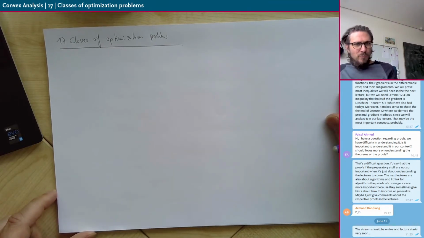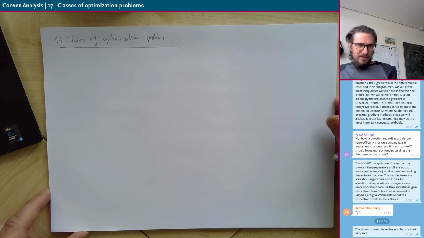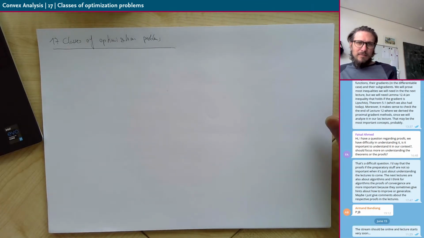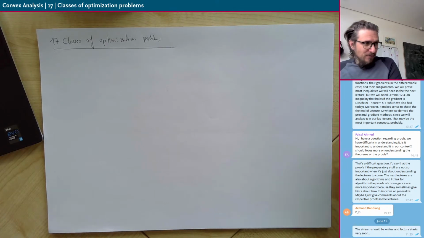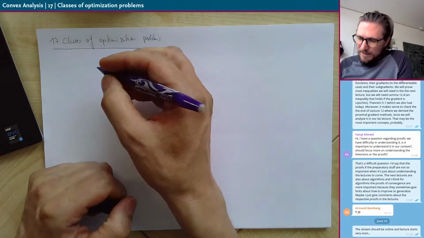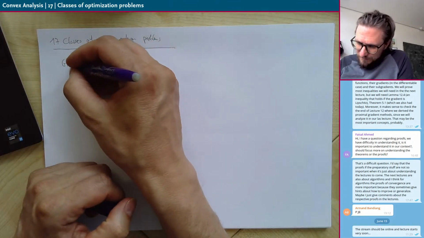Before we come to the class of convex problems, where the things are, at least for me, most interesting, let's do, as a motivation and also as an example of what these notions really say, a different example, which is global optimization of Lipschitz continuous functions on bounded domains. So that's our first example.